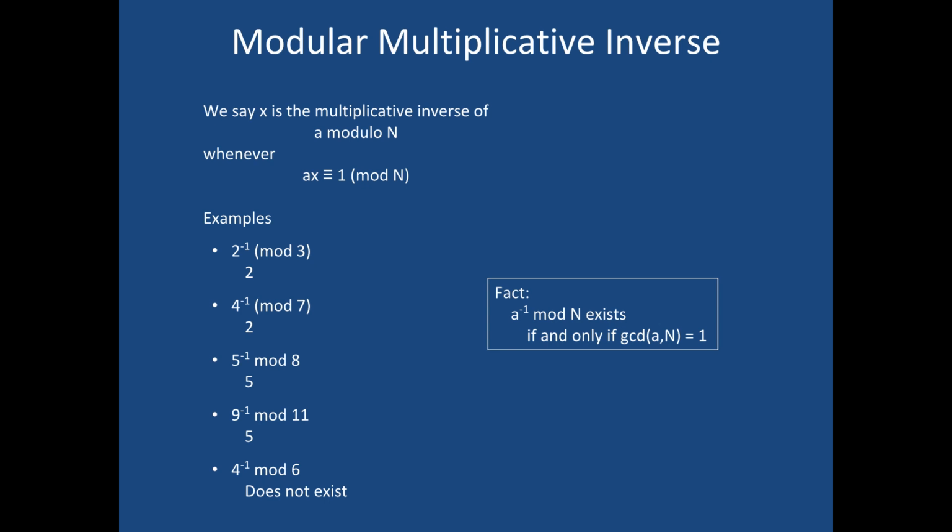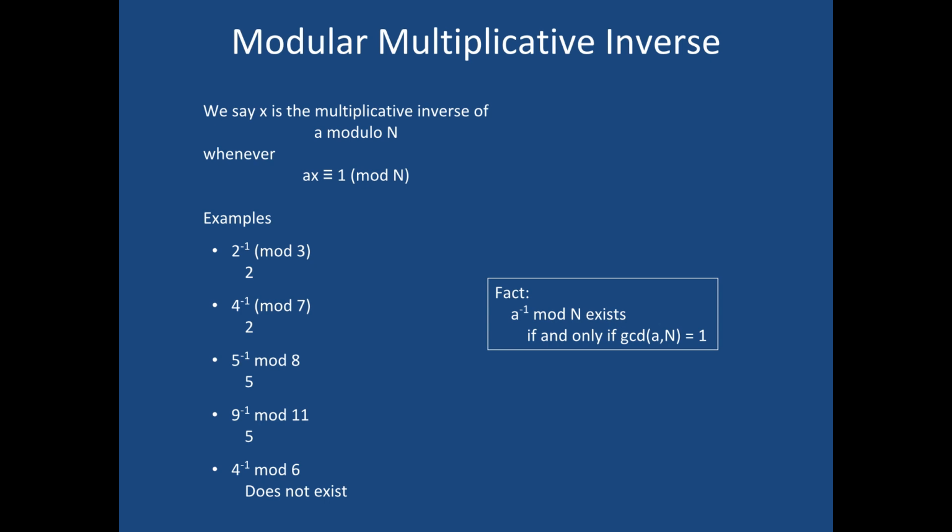A modular multiplicative inverse is the problem of, given a number A and a number n, two integers, we want to find an x such that the product of A and x is the same as 1 working mod n. It's the same idea as multiplicative inverse over the regular real numbers, except there you just take the reciprocal and you've got the inverse. Here it's a little trickier.